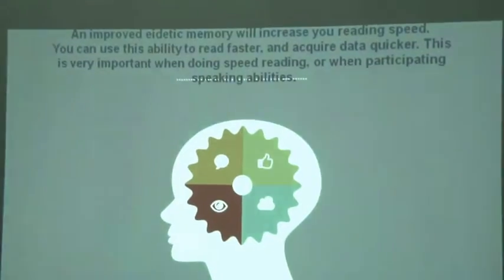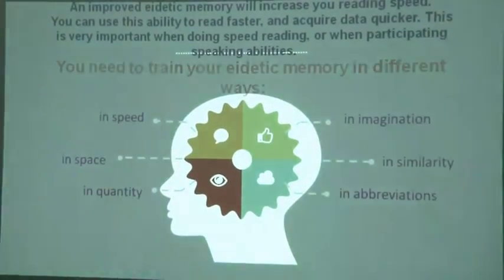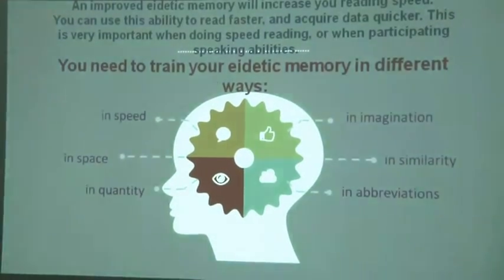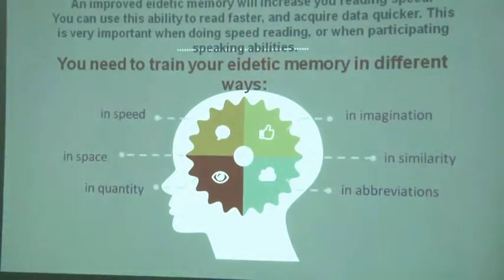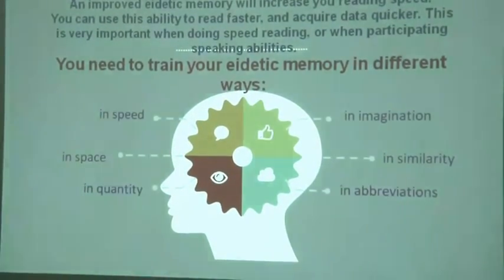An improved eidetic memory will increase your reading speed, and you can use this ability to read faster and to acquire data quicker. This is important when you are doing speed reading and when practicing speaking abilities.